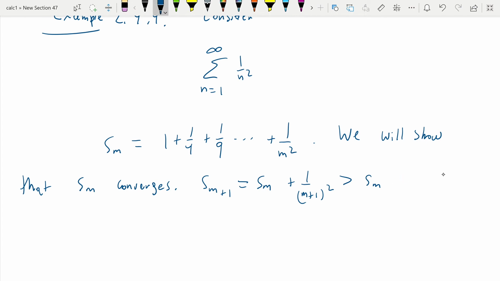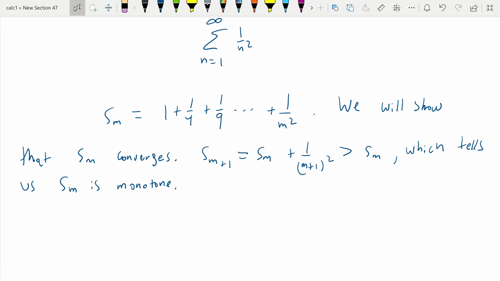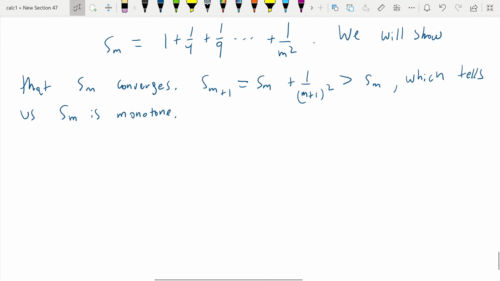This implies that the sequence is actually strictly increasing, so it is non-decreasing. In particular, it is monotone. So by the monotone convergence theorem, we will be able to show that this sequence of partial sums converges to a limit if we are able to show that it has an upper bound. I mean, the partial sums have an upper bound. This is what we're going to do now.